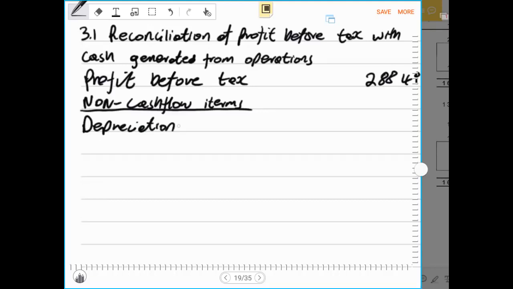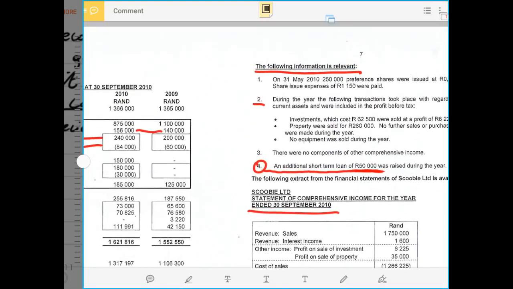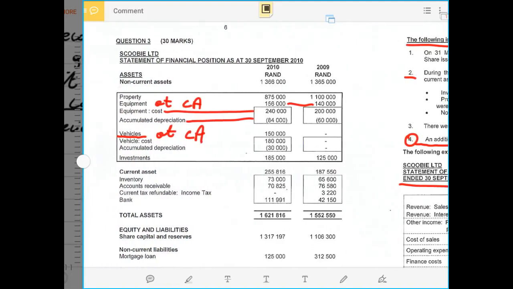So now we have to look at the depreciation that we have for all the assets that are recorded in the statement of financial position. Since we have read the additional information, there was nothing stated about the depreciation and how depreciation must be calculated. So that means the only way we can get to know the depreciation is to go to the statement of financial position. And under the statement of financial position, we have two assets that are depreciating.